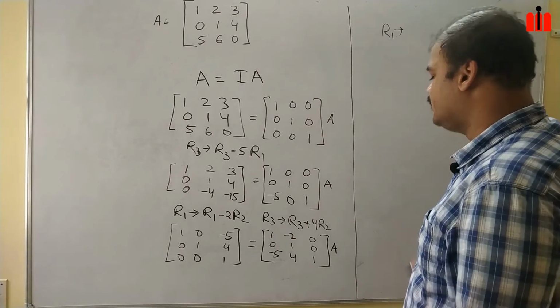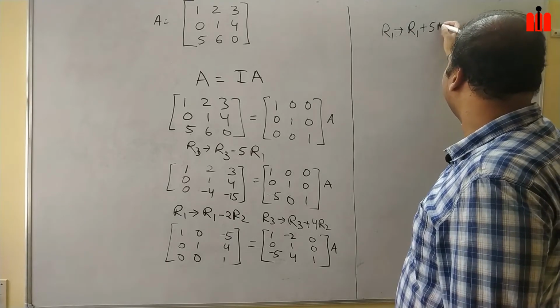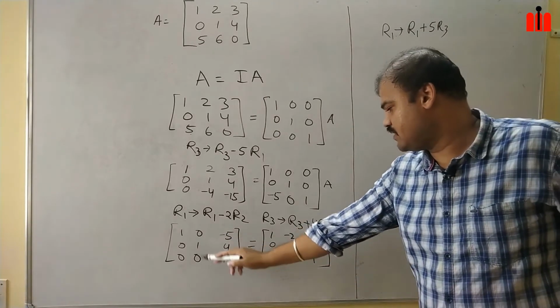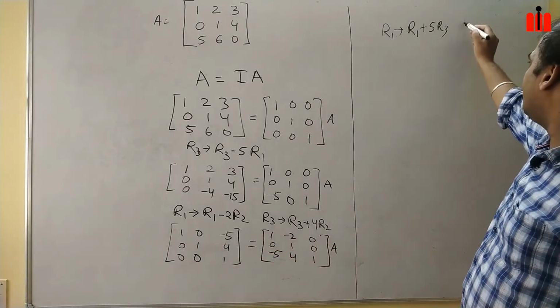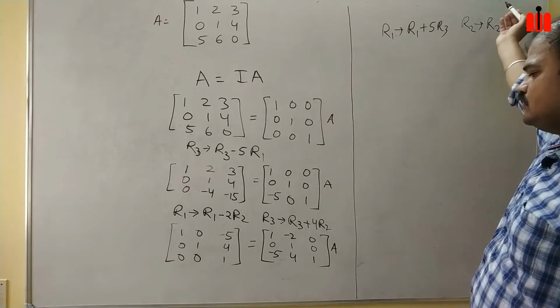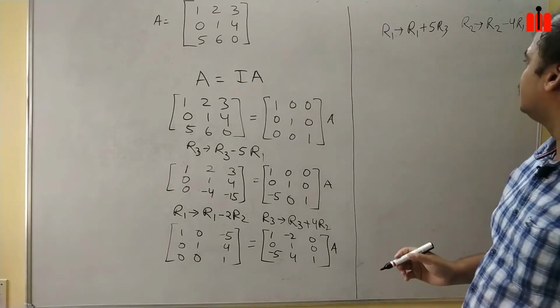What R1 should be? R1 plus 5 into R3. Okay, R1 plus 5 into R3. So it will become 0. And what will be R2? R2 is R2 minus 4 into R1.